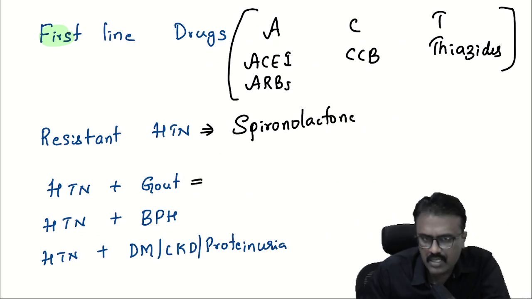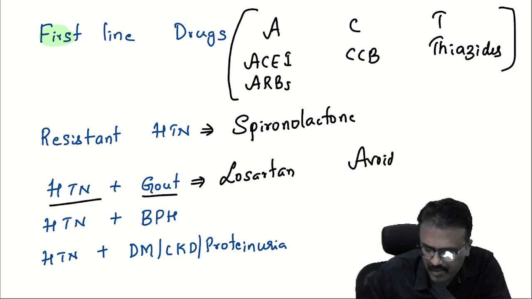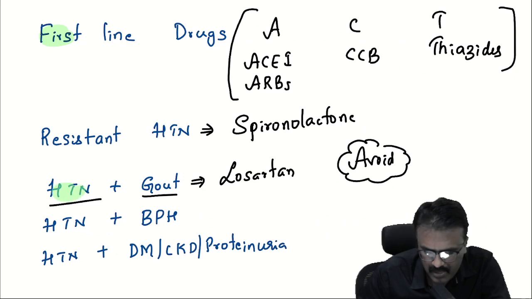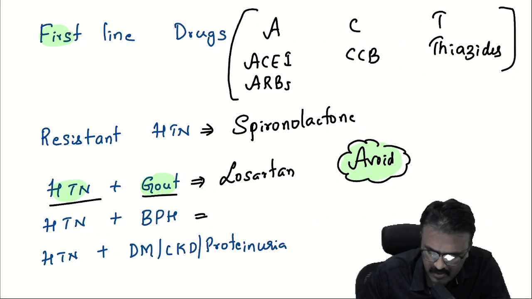Now I just told you: hypertension with gout, I can give losartan. Now tell me, hypertension with gout, which diuretic should you avoid? Suppose a patient has hypertension and gout also, which diuretic should I avoid? Hypertension with BPH, prazosin.